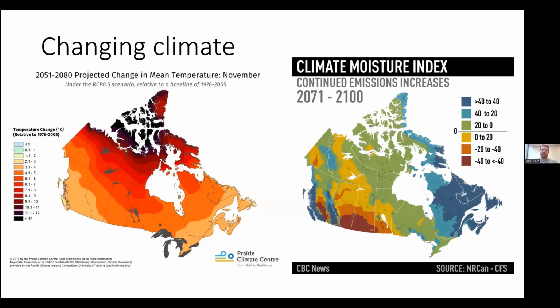So we have here just a couple of examples of climate attributes that are expected to change in the future. And these are thought to be the two that are most important for mosquitoes. So temperature and moisture, precipitation and humidity are thought to be the factors that are most important in determining mosquito distribution. So temperature obviously will affect what can survive where, and that looks like it's going to change a whole bunch, particularly up north.